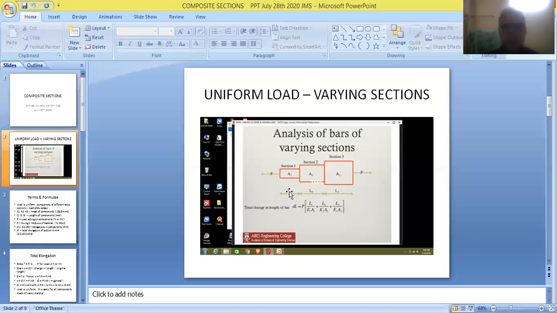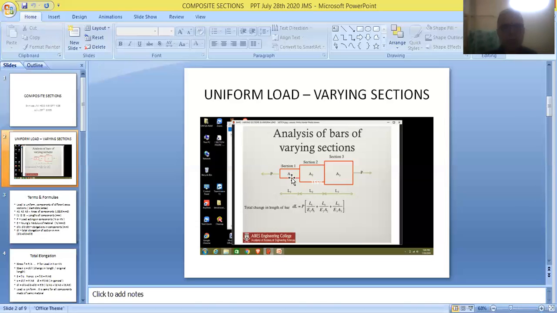Now friends, let us look at this arrangement. This entire thing shown in red color is called a composite section. As given in the figure, it is made up of three components.